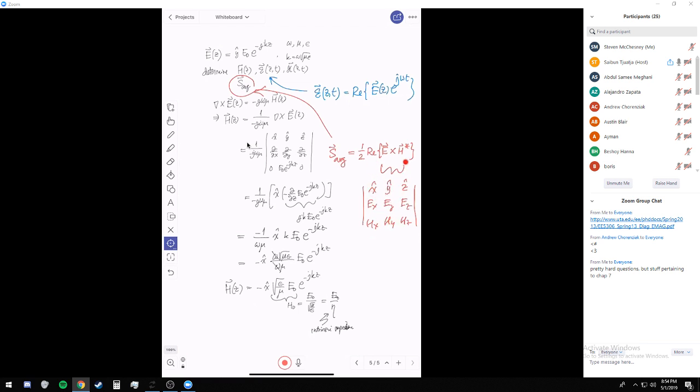Take the real part. Of course, you have to do the conjugate, so conjugate means this is a plus. So this should be conjugate, conjugate, conjugate, right? After you do the cross product, you take the real part and multiply by 1/2, and that will give you your time average power density.